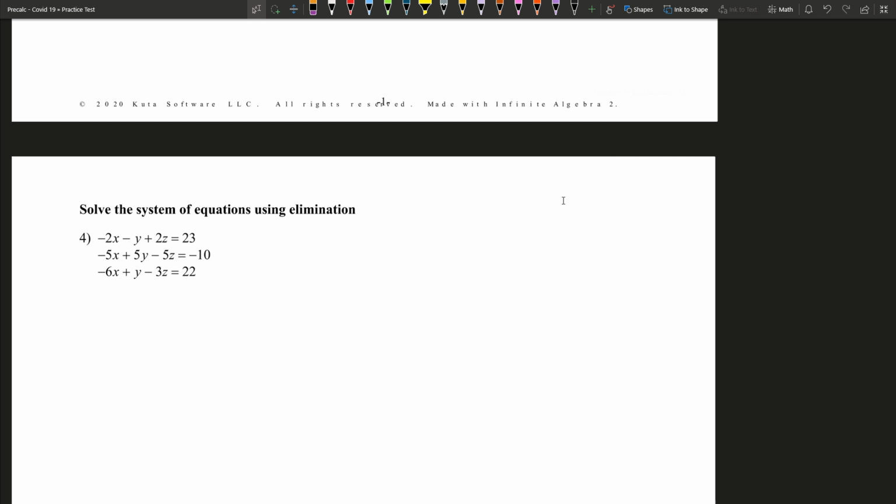You just have to choose one variable and then eliminate it. So I would eliminate y first because the first and third equation have the same coefficients. So that's really an easy one. But it doesn't matter. You can eliminate in any order you want.